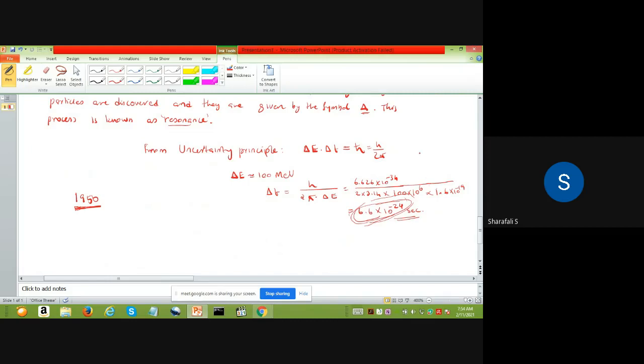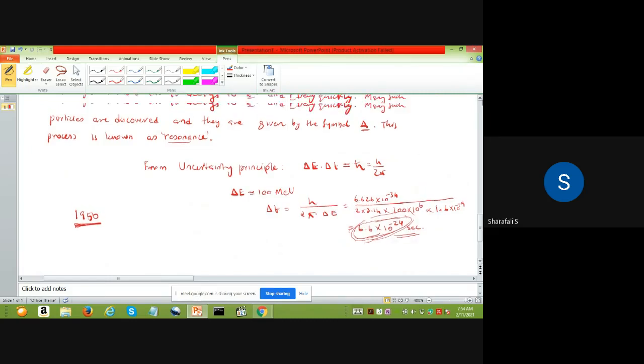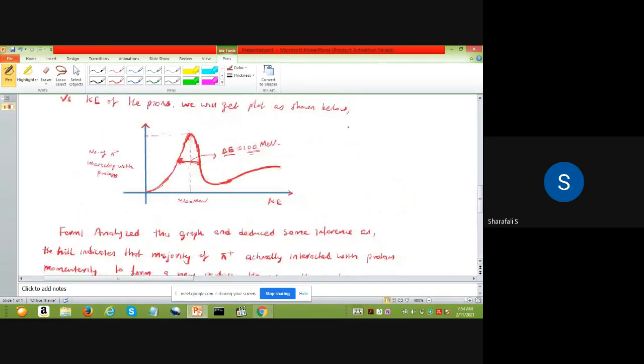If nothing happened in this case, then there would not be any π+ particles interacting with those protons, and we could not observe this hill if there were no interaction. But there is interaction: the π+ is interacting with these protons, and that can be observed from this hill.